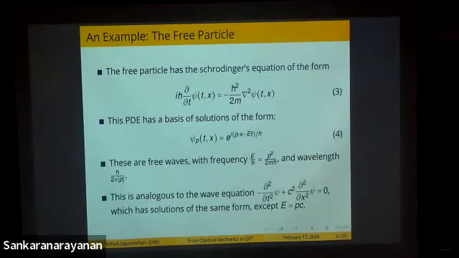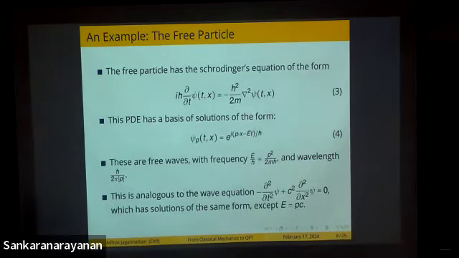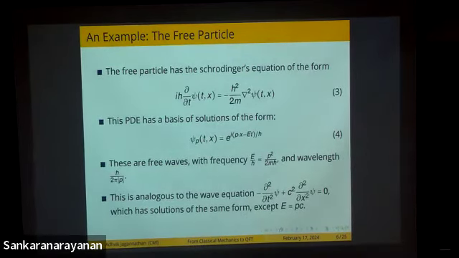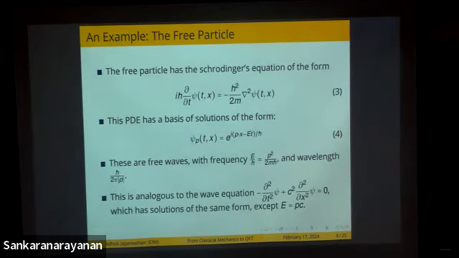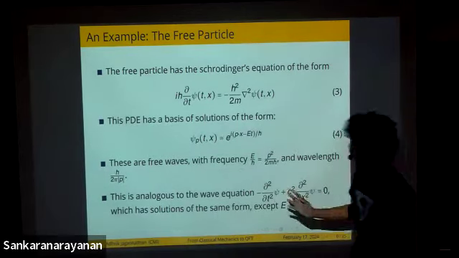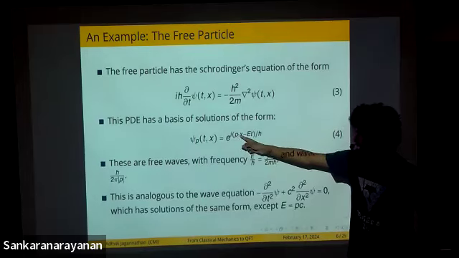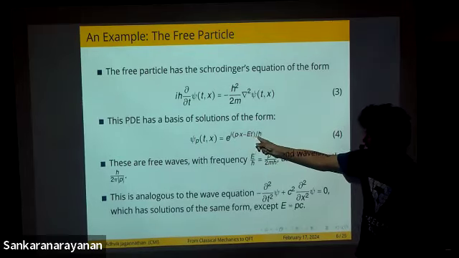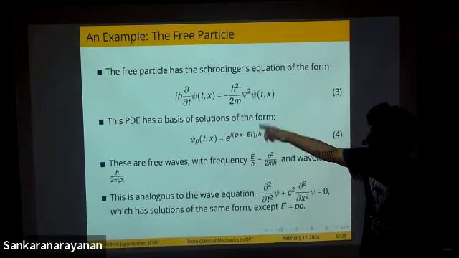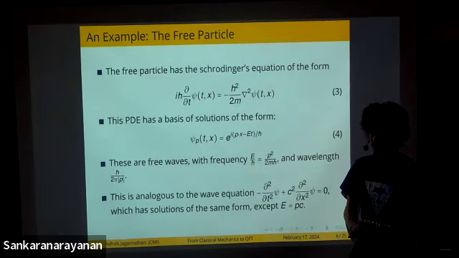Now let's look at the free particle example. We suppose that the free particle has solutions of this form and obeys the free Schrodinger equation. So let's speak about the solutions. They're of this form, where it's e to the i (px minus Et) by h bar. The nabla squared is just a three-dimensional generalization.